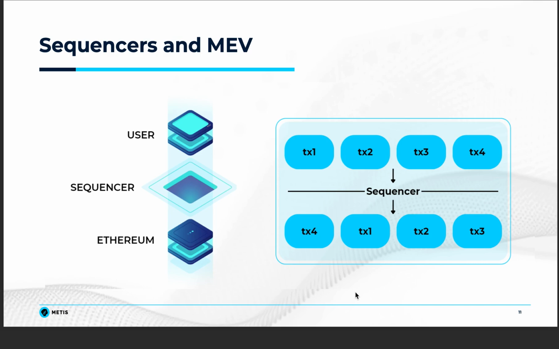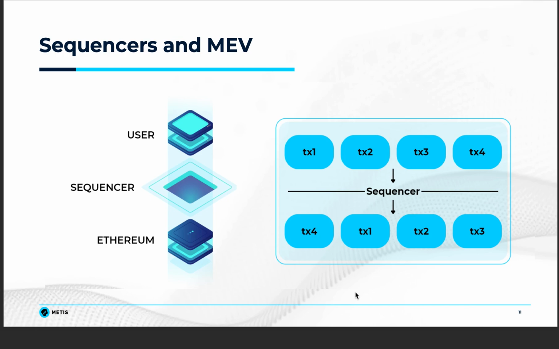So validators or miners can extract value by prioritizing certain transactions over others based on their financial incentives. So for example, a validator can decide to process a transaction that offers a higher fee before executing a user's transaction that offers a lower fee that's part of the same block.